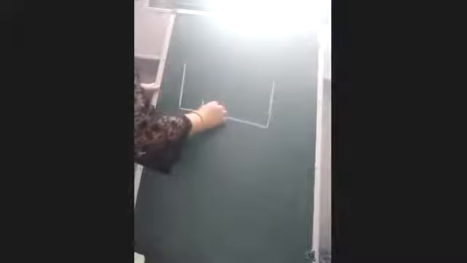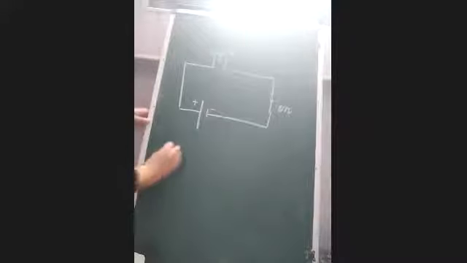This will be the battery, negative and positive. Here you have the bulb. It will glow when this system is on. Switch on, so the bulb will glow.